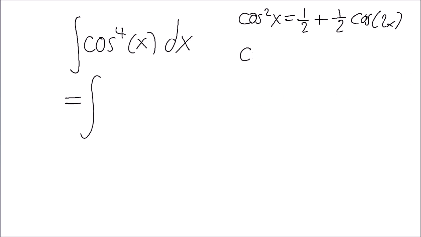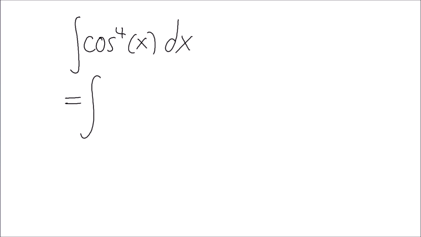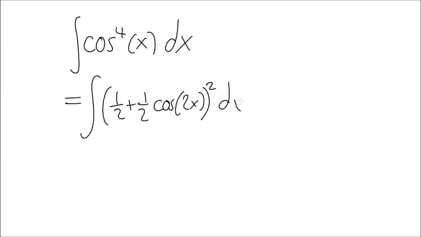Now, we apply that to the integral. So it's 1/2 plus 1/2 cosine of 2x. Now, this is cosine 4, so this means that we have to square it, right?